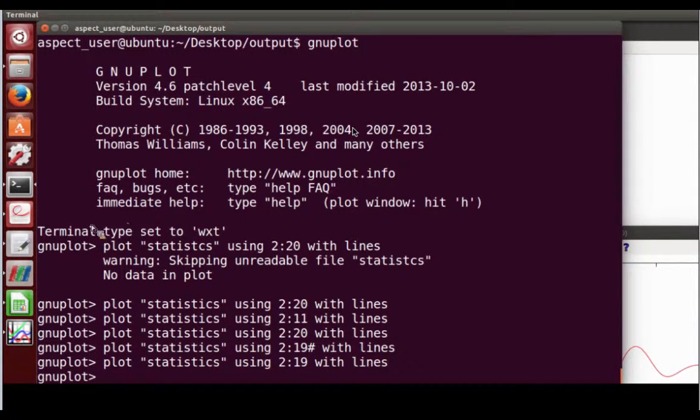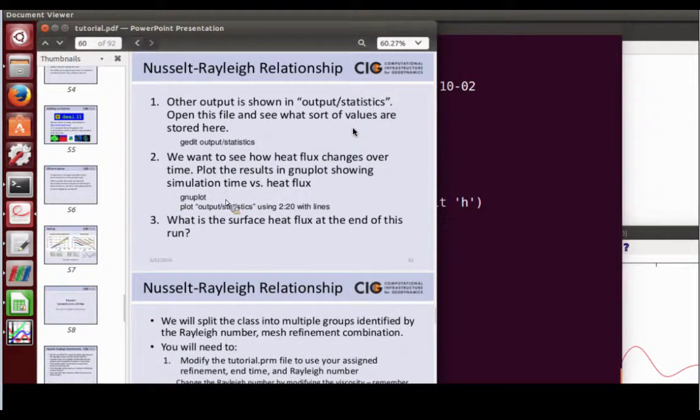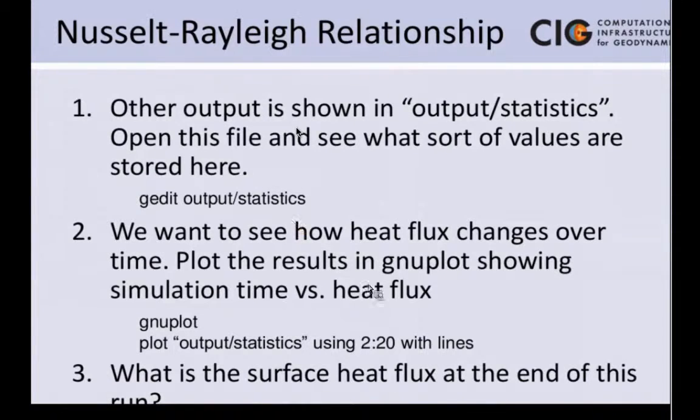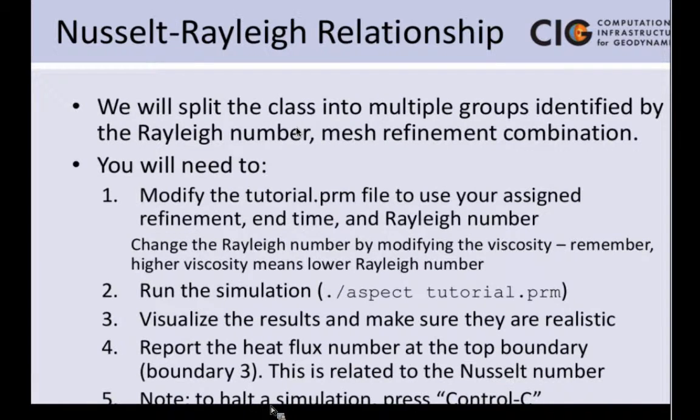So now what we're going to do, I kind of answered the last question already, right? Okay. All right. So now I will split you into groups if you haven't done so yet.